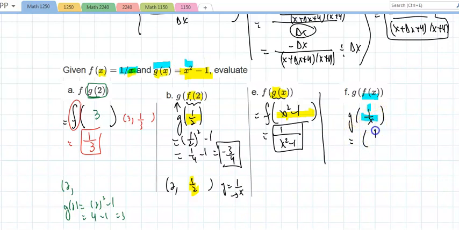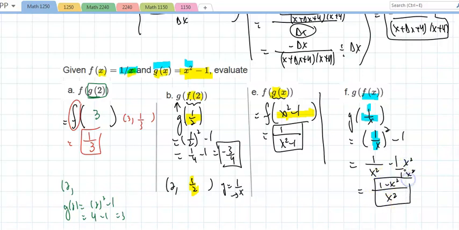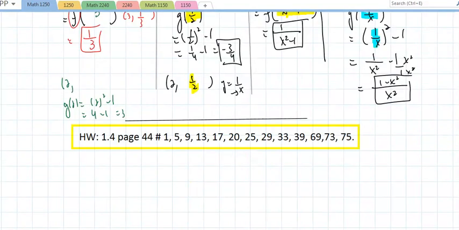Wouldn't that be 1 over x squared, and you would subtract the 1? Wouldn't that be 1 over x squared minus 1? And if I get a common denominator, that will be 1 minus x squared over x. And there's your homework.